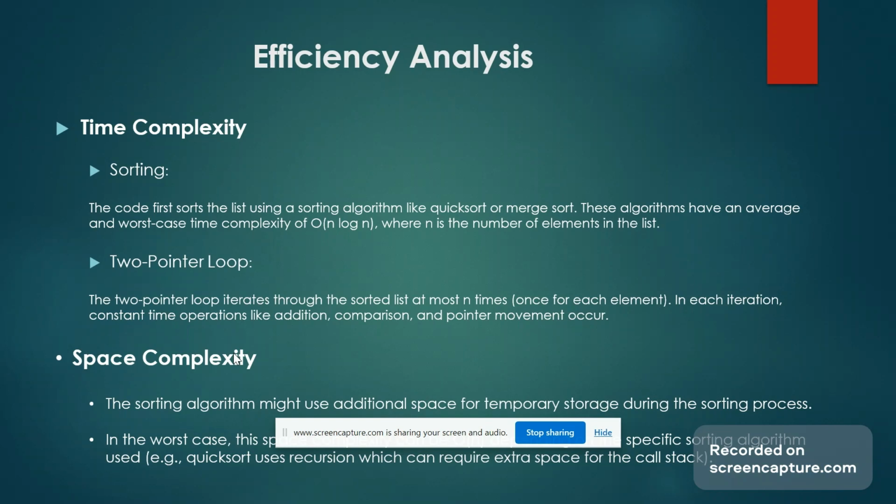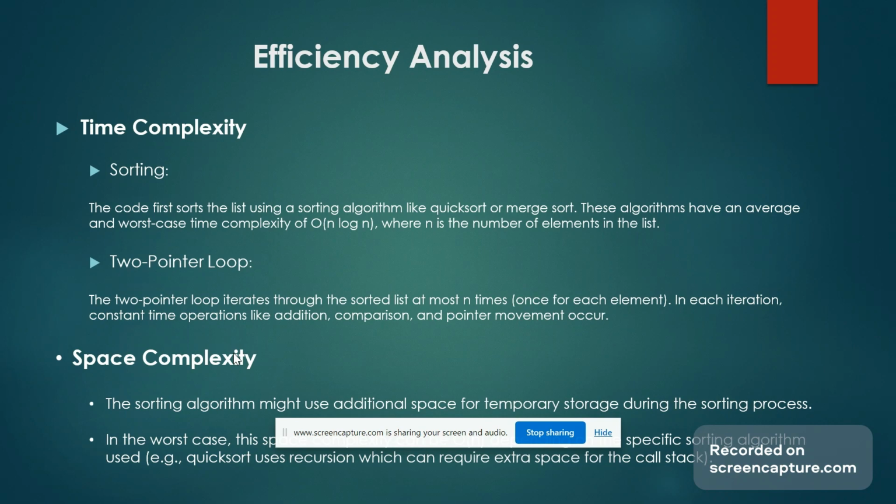For example, quicksort uses recursion, which can require extra space for the call stack. And the two-pointer technique itself uses constant extra space for variables such as the closest sum pair and the left and right pointers.